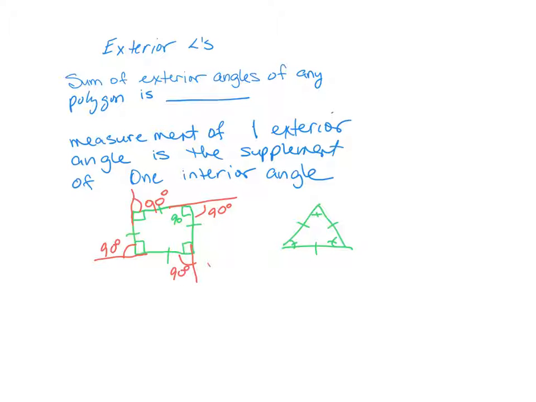So let's do this. Let's expand this like this, and this like this. Here you got that angle, and that angle. If this guy is 60, what is this guy out here? 120, perfect.